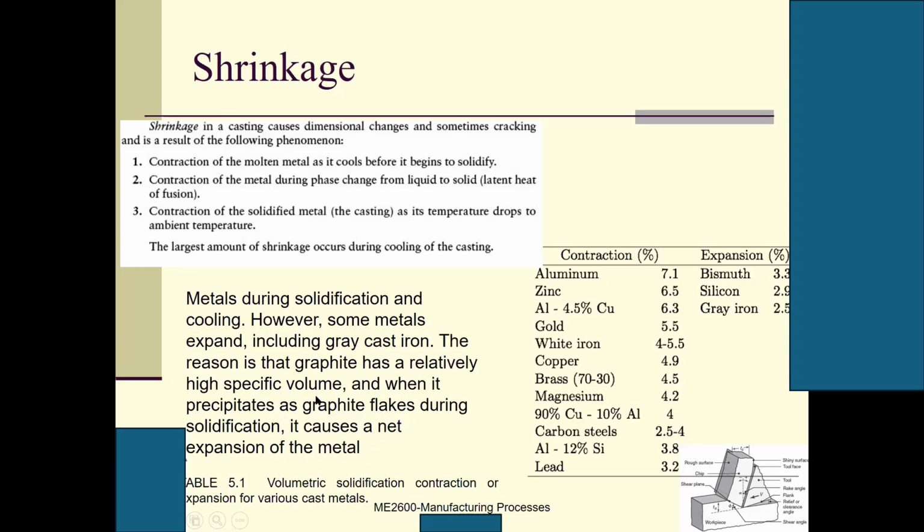If I ask whether any of these materials will expand during solidification, you should be able to tell me gray cast iron is one good example, and then tell me the reason, right? Most other metals shrink during solidification, but gray cast iron is the opposite.